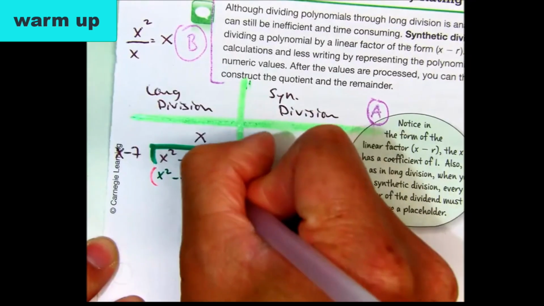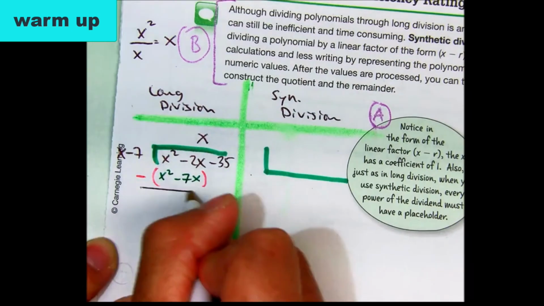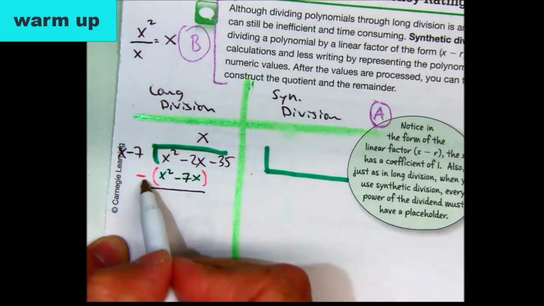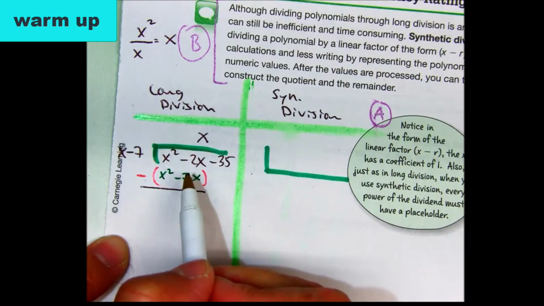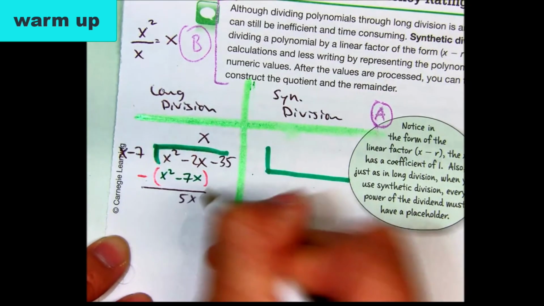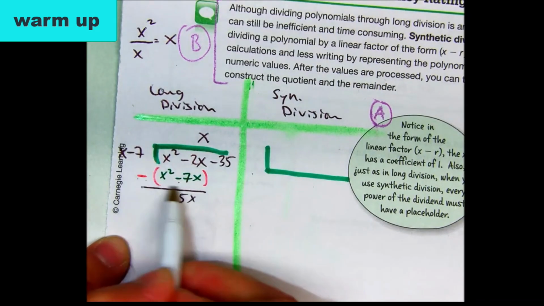Alright, Brittany, let's go ahead and subtract. Good. 5x is correct. Negative 2 minus negative 7. Opposite of a negative 7 is a plus, so this becomes plus 7.